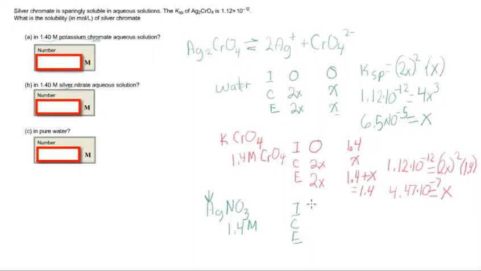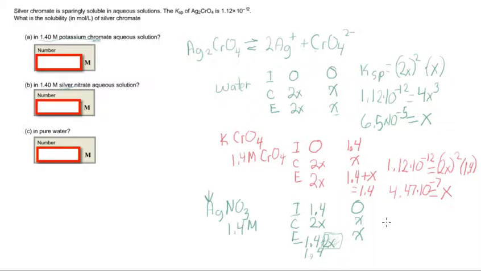And so I'm starting with 1.4 silver, 0 chromate. I'm going to be adding 2x silver, x chromate. So at equilibrium I have x chromate and 1.4 plus 2x silver. But again, the 2x is so small that we can ignore it. So we have 1.4 for the silver.